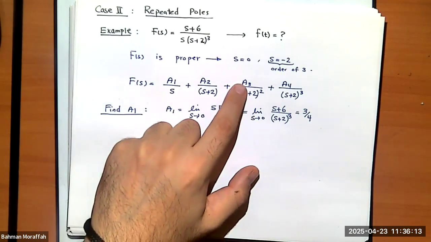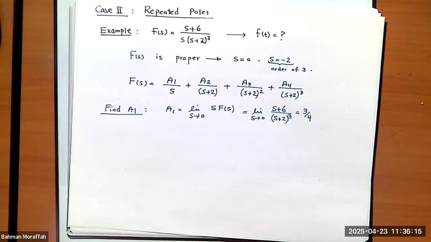For this term, I get A3 times (s + 2), and the last one is A4. So if I find the limit as s goes to -2, all these terms become 0 except A4. Everybody see it? So I can do that.